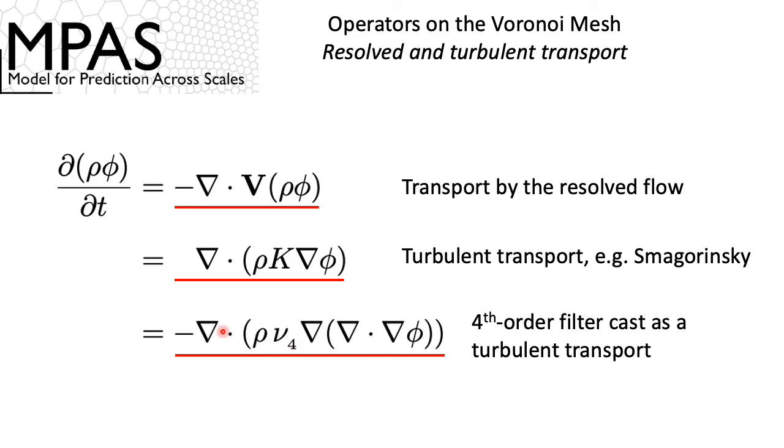We remove the fluxing velocity, this hyperviscosity times the density, to replace a turbulent velocity here, where now this is our operator for defining the mixing ratio on the cell face. So this is just a fourth order hyperviscosity cast in terms of a turbulent flux. We have that in MPAS also.